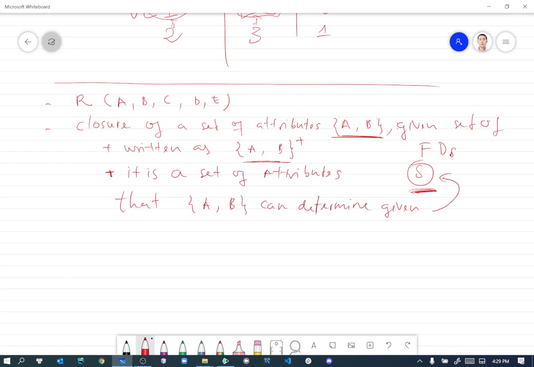Again, the closure of the set of attributes A and B, given a set of functional dependencies S, is written as AB+, and it is another set of attributes that A and B can determine.